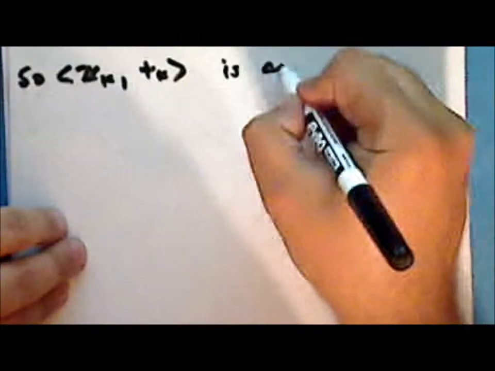And so we have demonstrated that the integers modulo k together with addition modulo k is an abelian group.